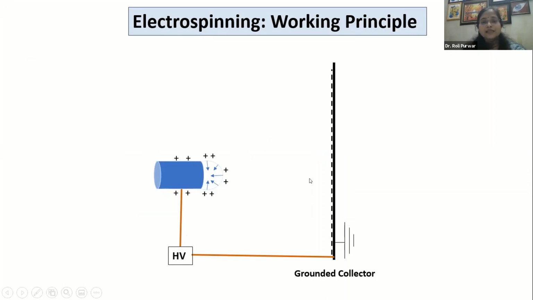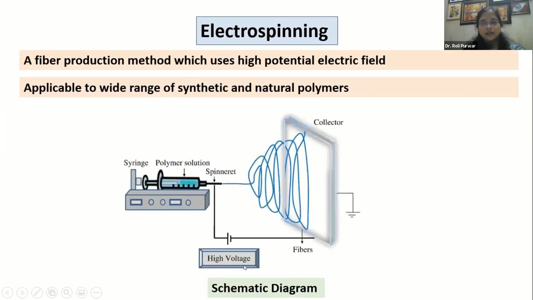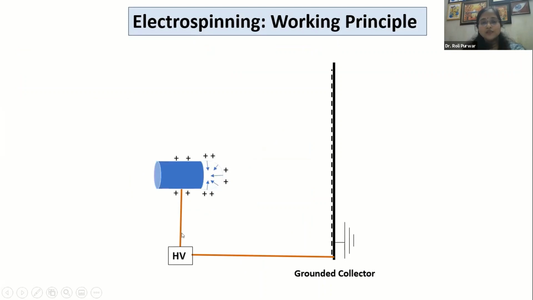And then we apply some voltage by using the high voltage machine. So once we apply the voltage, suppose we have given the positive charge towards the needle side, and negative charge we can apply onto the collector, and that collector is connected with the ground.